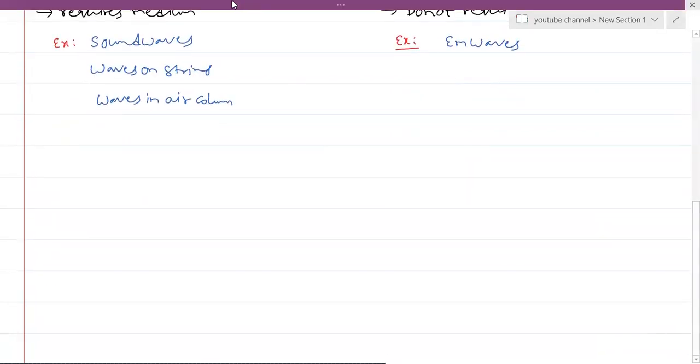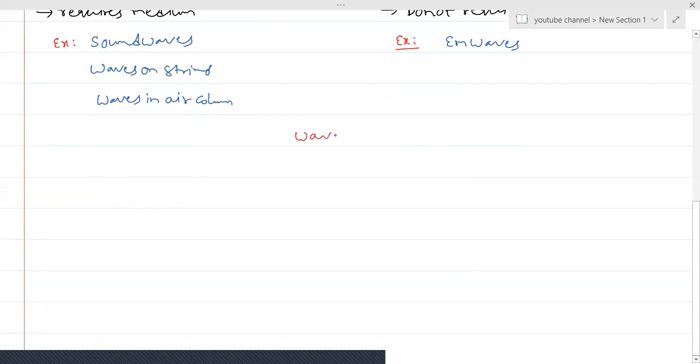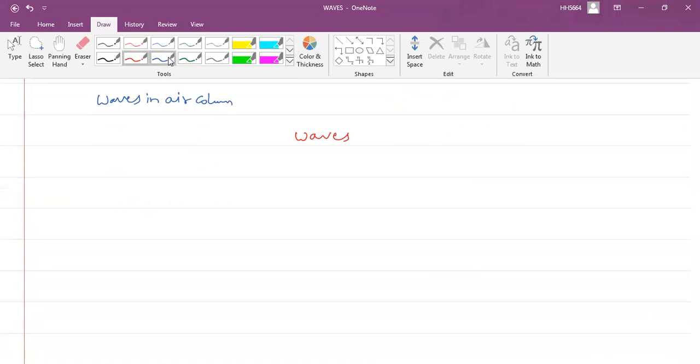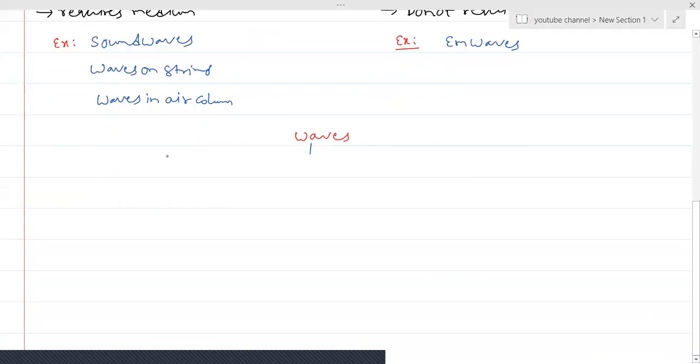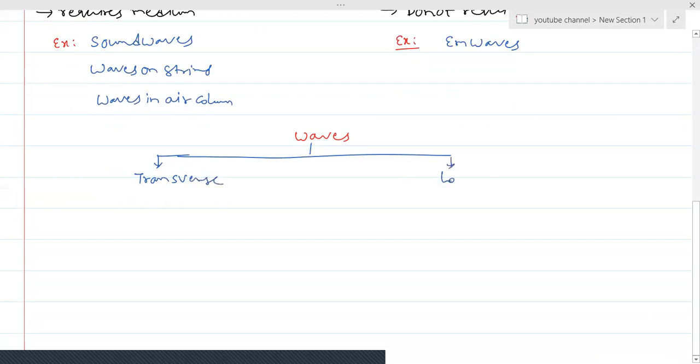We also have a further classification of waves. On the basis of displacement of particles, we classify waves into two kinds: one is transverse wave and the other is longitudinal wave.